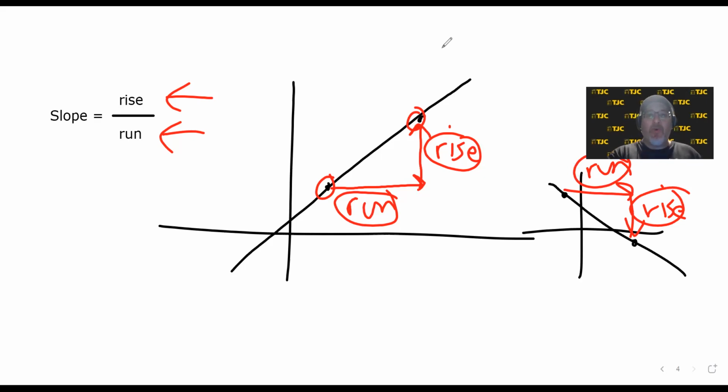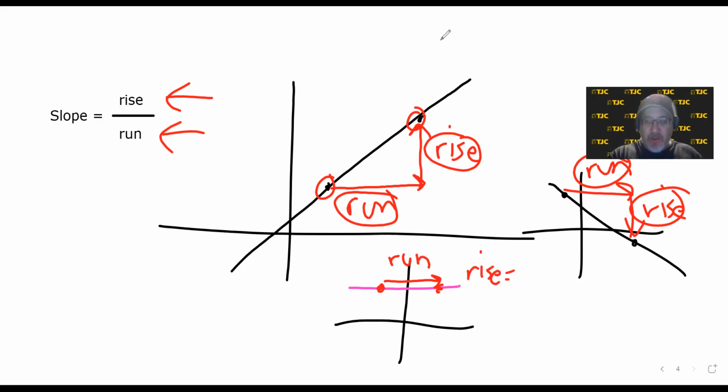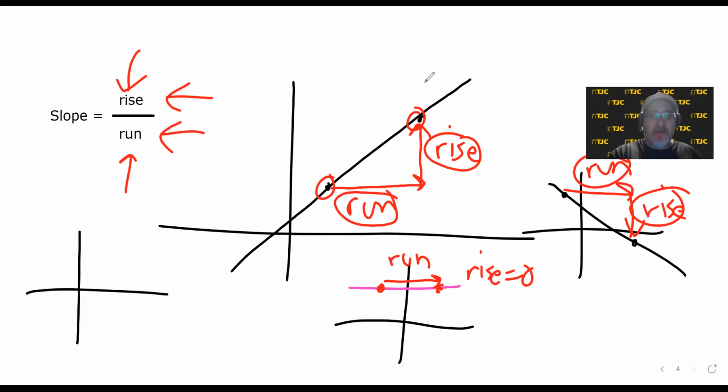It's even consistent with horizontal and vertical lines, because if we had a horizontal line, we'll draw that in pink, and we try to get from point A to point B, we would have some sort of run, but the rise would equal 0 because we're not going up or down. So that means we would have 0 on top of the fraction, some other number on the bottom, and therefore the fraction would be 0. And it's consistent with the slope of a vertical line being undefined.